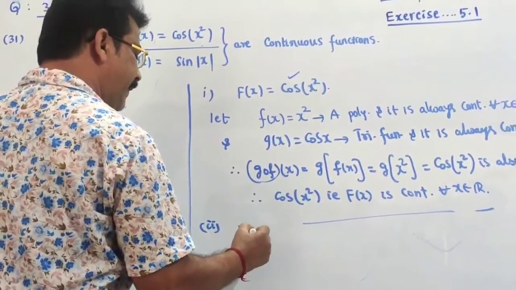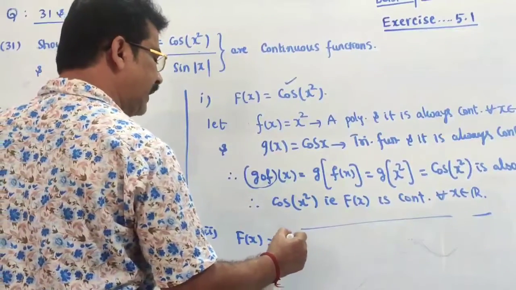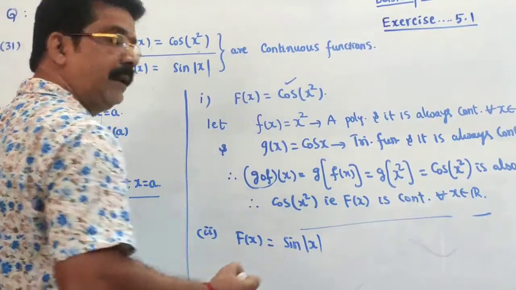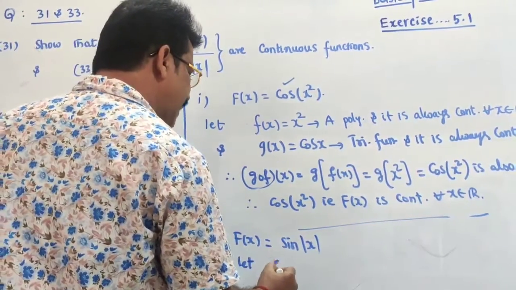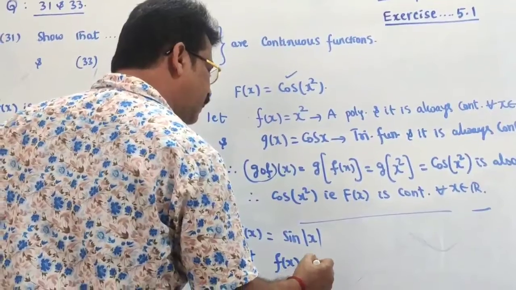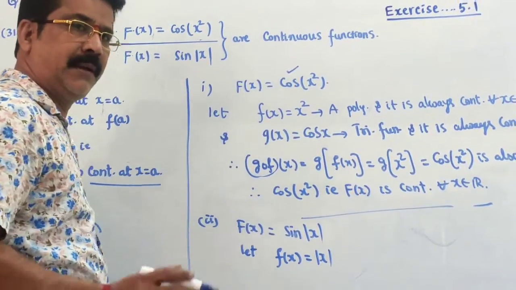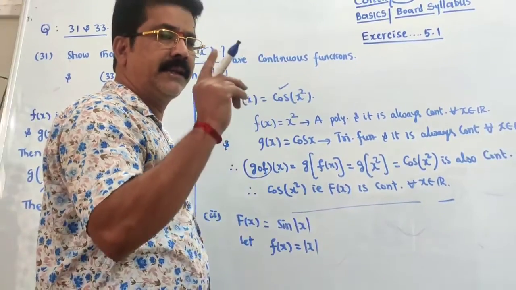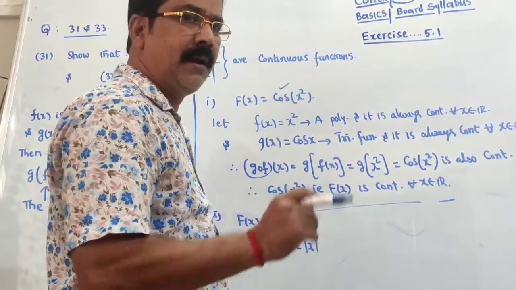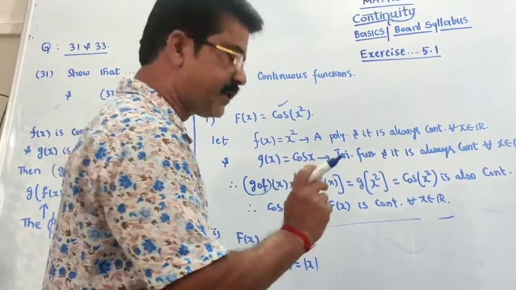Second question. Capital f of x equal to sine of modulus of x. Similarly, let small f of x is equal to modulus of x. Already I said mod x, and mod x plus or minus mod x, are always continuous functions.